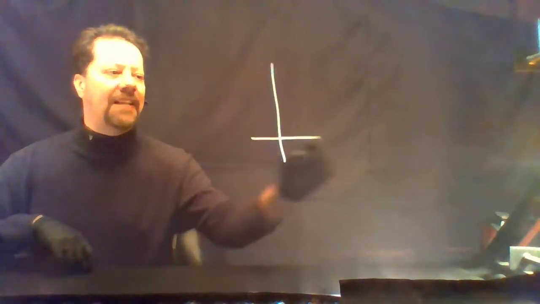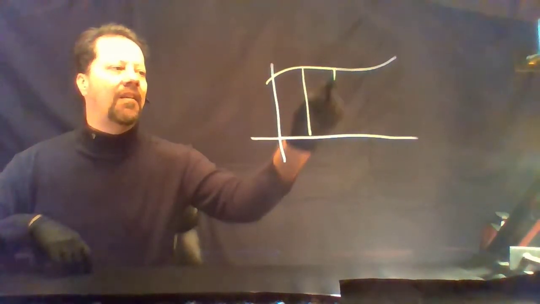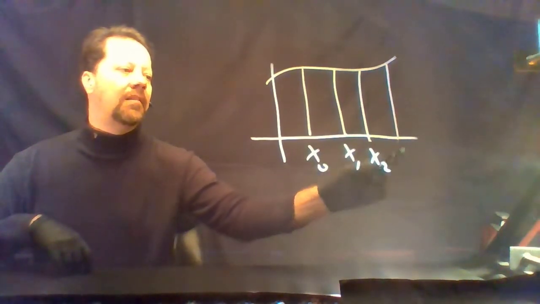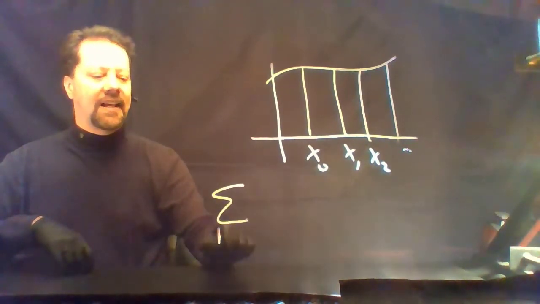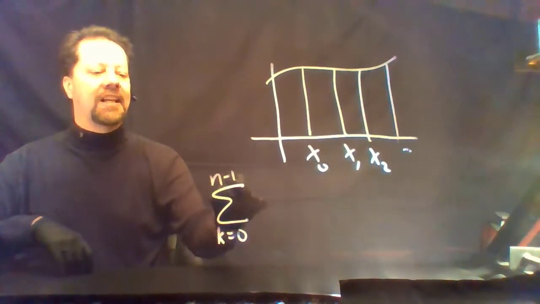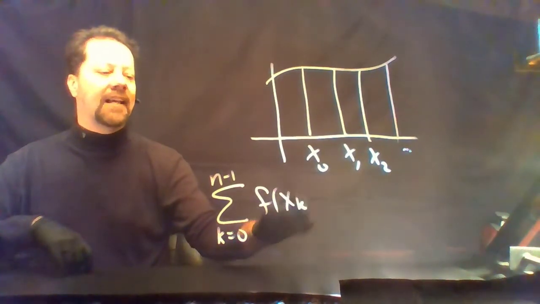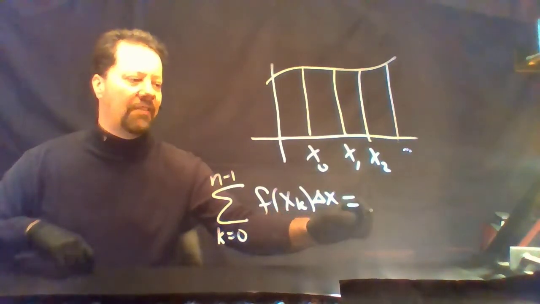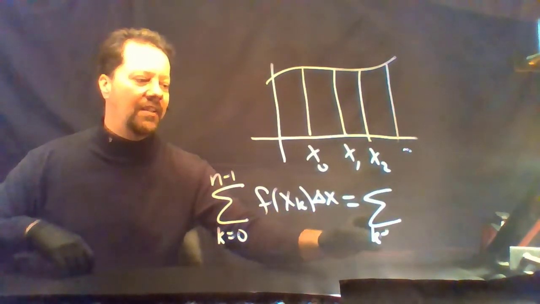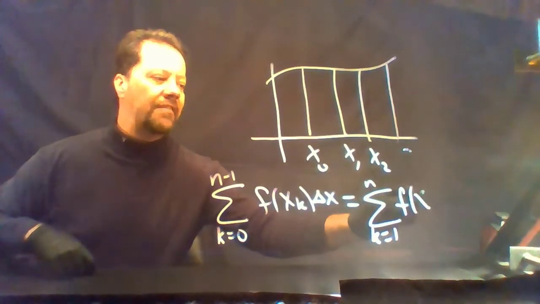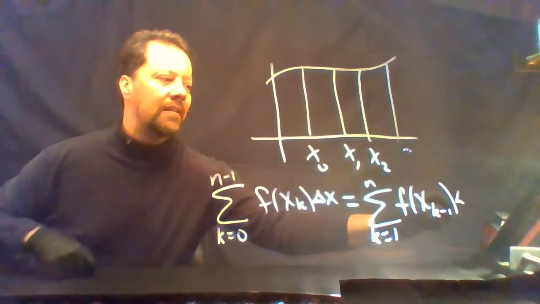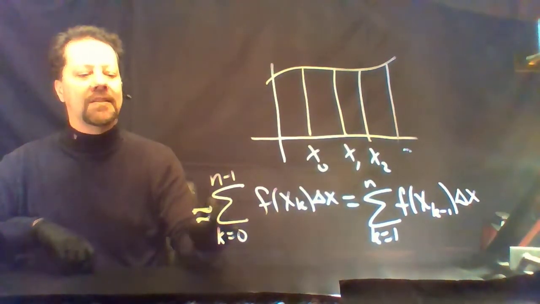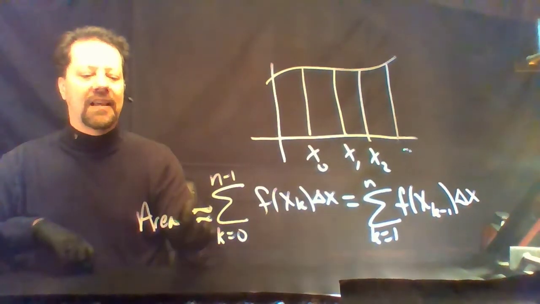If we had used left-hand endpoints instead, we would have summed as k went from 0 to n minus 1 f of xk times delta x. This would have been equal to the sum as k goes from 1 to n f of x k minus 1 times delta x. And these would also be approximately the area of the undergraph.